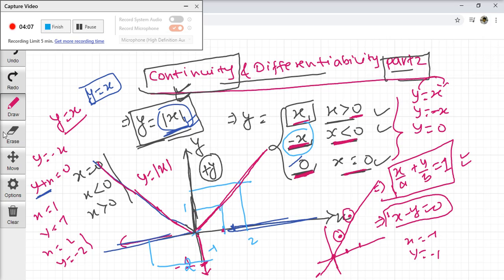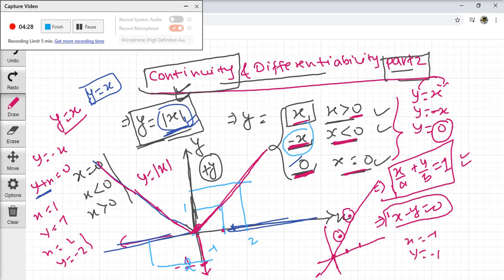The domain is the set of values of x for which y is defined, and we are finding continuity in that domain only. In this domain we look at one point, y is equal to 0.